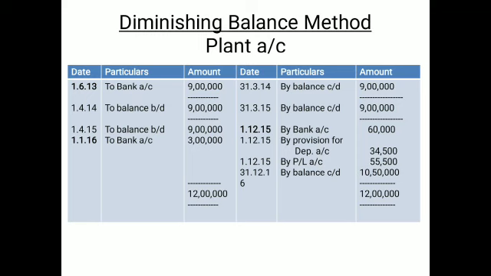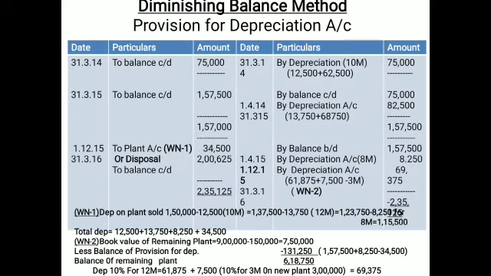Now when a machinery is purchased, the balance is to be forwarded because there is no further detail of the plant related with it. Now the second is, on the first year, the depreciation will be charged on the 1,50,000 and the 7,50,000. Two parts are there.